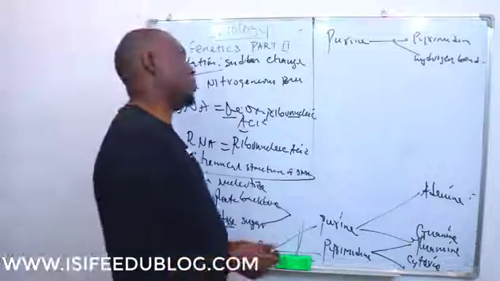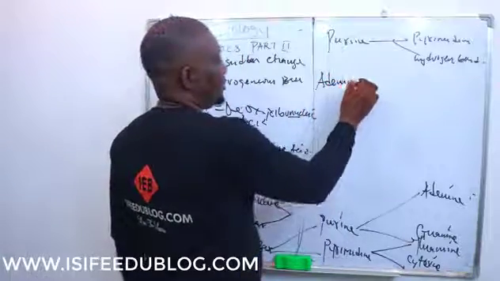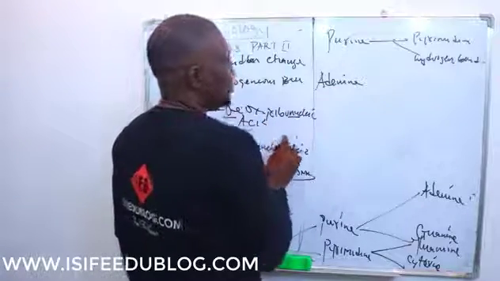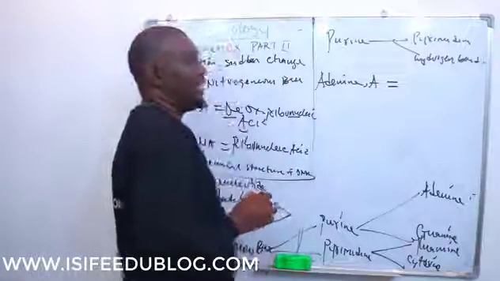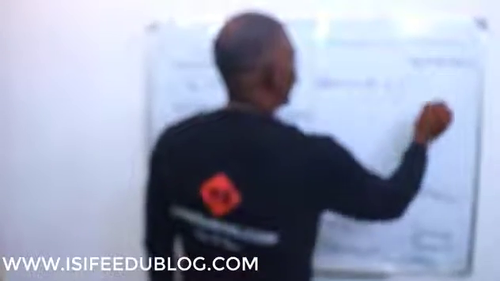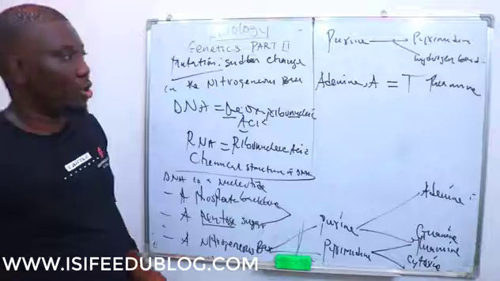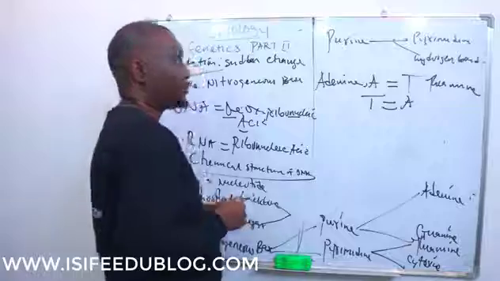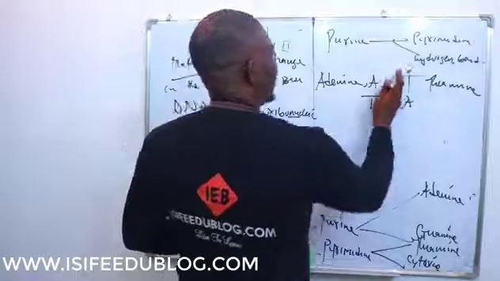It is a must that a purine base like adenine, A, must pair via a hydrogen bond with thymine, T. So that means all T must complementary pair with A. So this is purine base, this is pyrimidine.